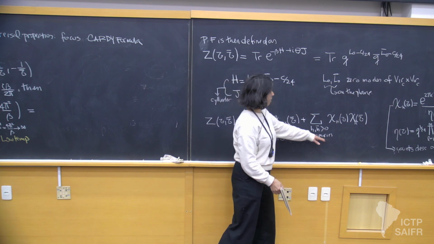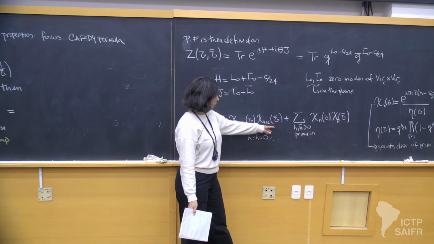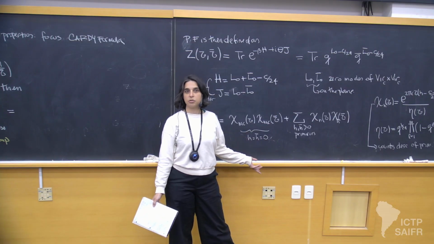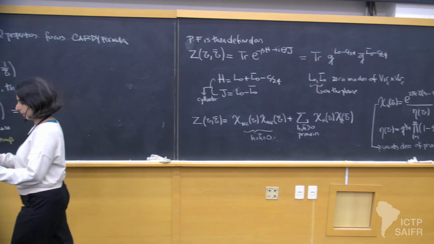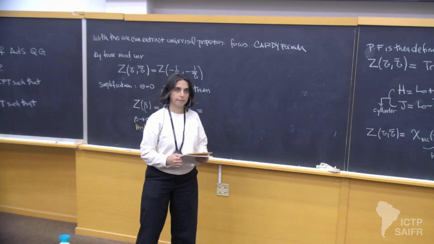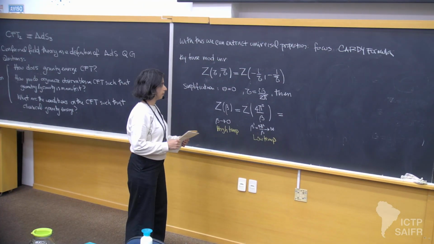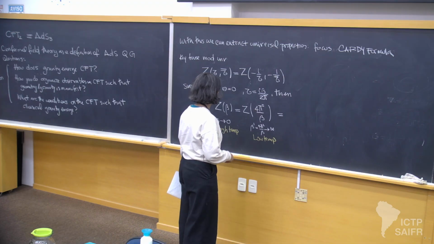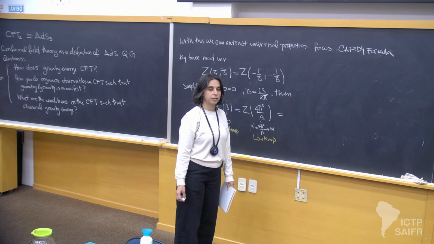Then I have a sum over the states that have bigger values of h. So at low temperatures, the most dominant contribution should just be the vacuum state, right? Here tau bar is the complex conjugate of tau.